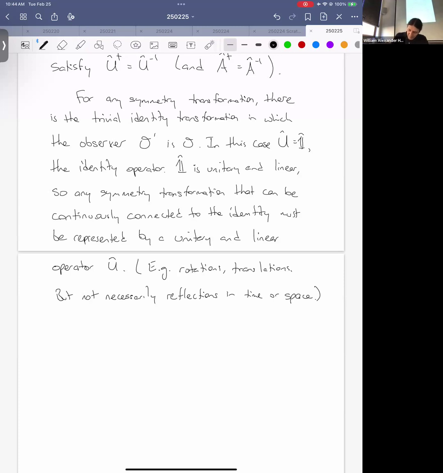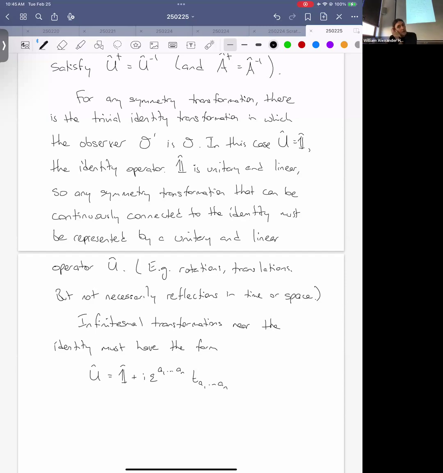So while we're on the subject of infinitesimal transformations near the identity, U must have the form: the identity plus i, and then some set of real parameters that are small, in some linear combination of some operators T, plus higher orders in epsilon, where these epsilon A1 through AN are infinitesimal real parameters.